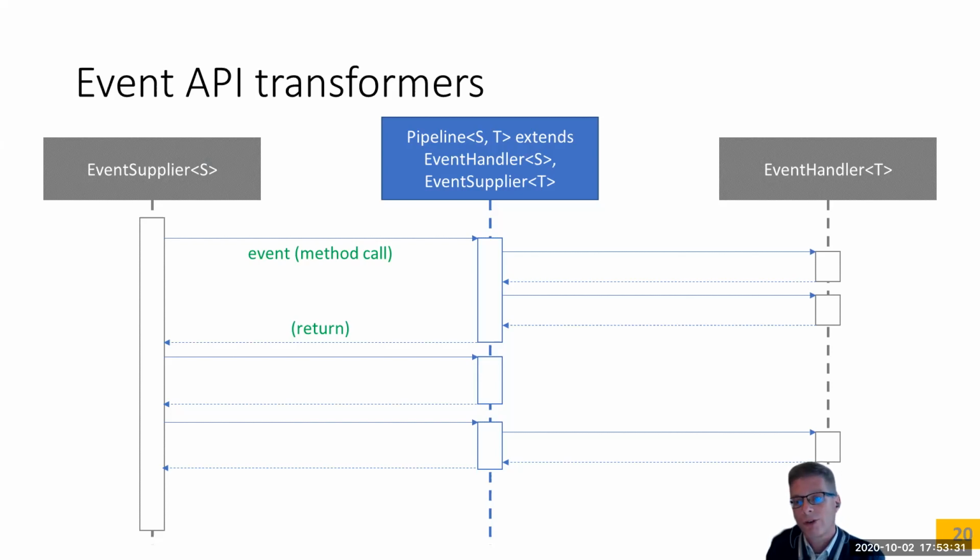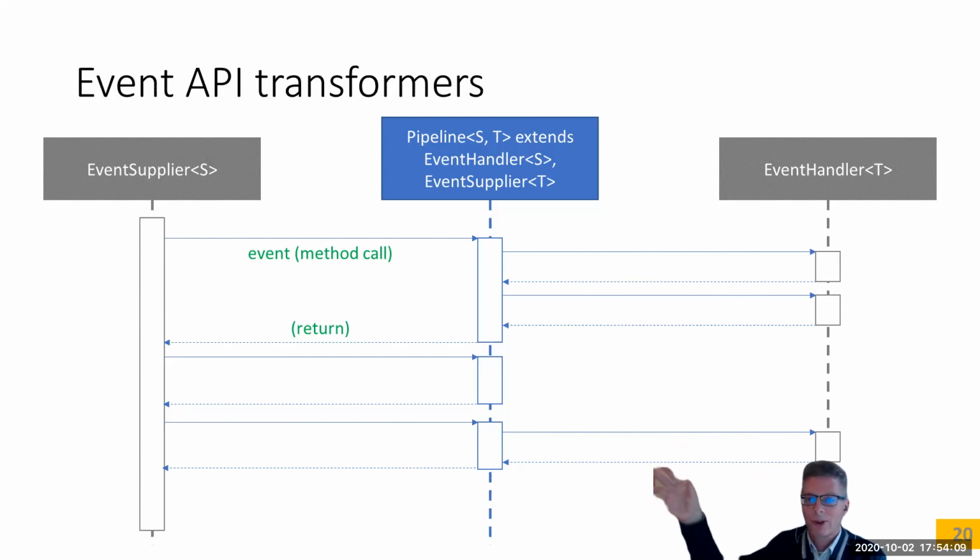And people who use C# do have covariance and contravariance, and then S would be an in type parameter and T would be an out type parameter. That's why we have that. And here you can also see that one S event up there resulting from a method call can result in more than one T event being output by this pipeline from S to T. Also, not every S event will result in one T event.